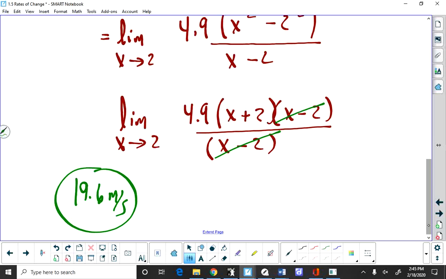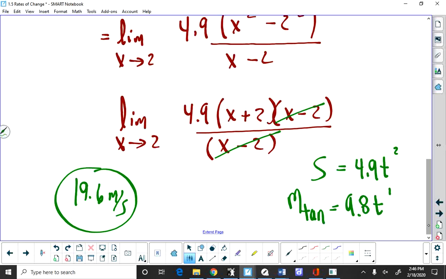I'm going to go back to what Enrico discovered, which is that if position is 4.9 t squared, that means the slope of the tangent should be 2 times 4.9, right? I'm moving this exponent down, t to the 1. And it turns out that 2 happens to be a number that makes this thing equal to that thing.